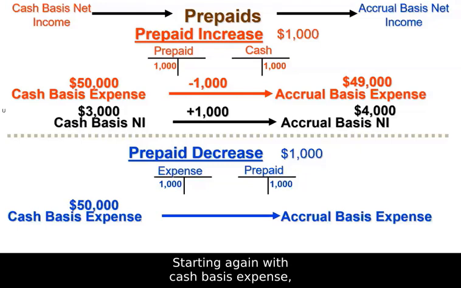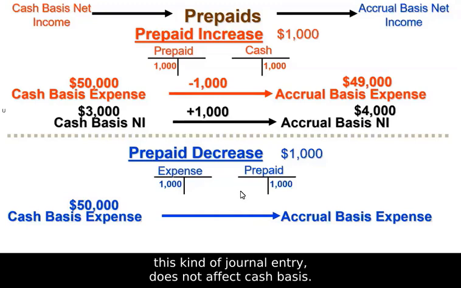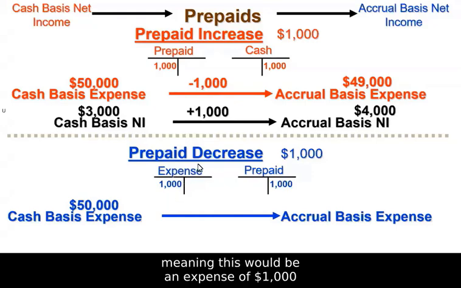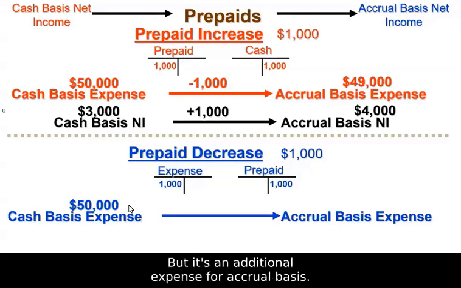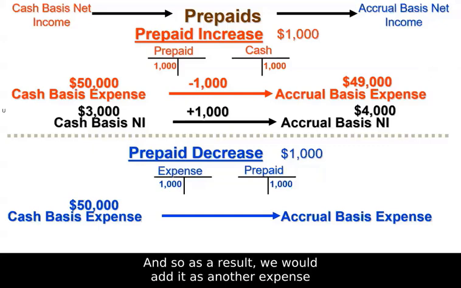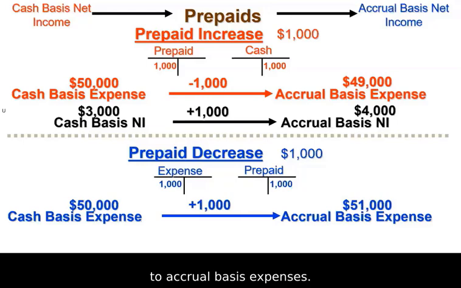Starting again with cash basis expense, notice here that this kind of journal entry does not affect cash basis, but it certainly affects accrual basis, meaning this would be an expense of $1,000 that is not included in the $50,000, but it's an additional expense for accrual basis. And so as a result, we would add it as another expense to accrual basis expenses.